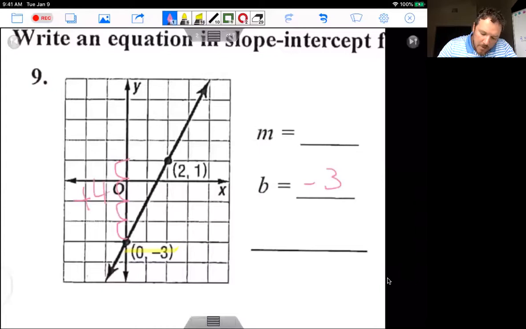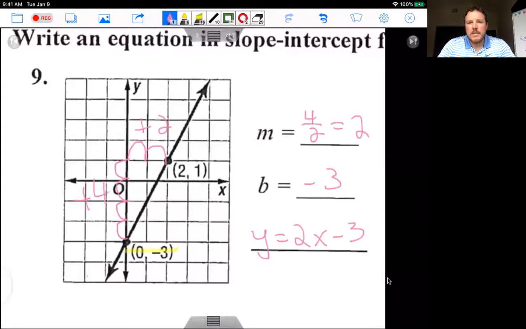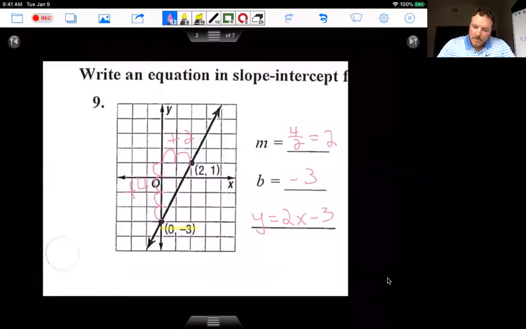Right, that's up 4. Then I'm right 2. So that would be 4 over 2, which would be a slope of 2. So my answer would be y equals 2x minus 3. Okay, y equals 2x minus 3. All right, next question.